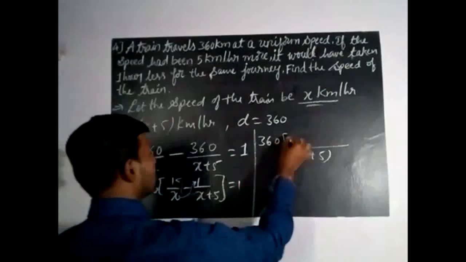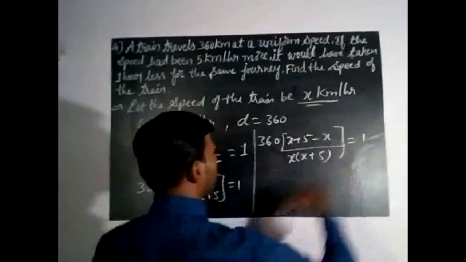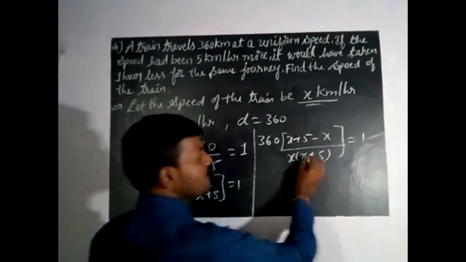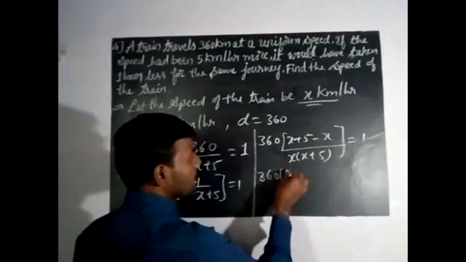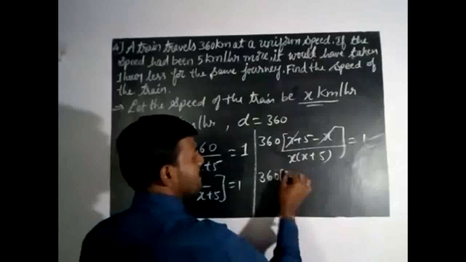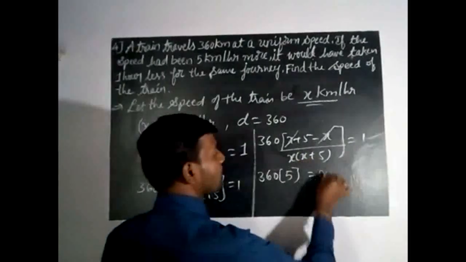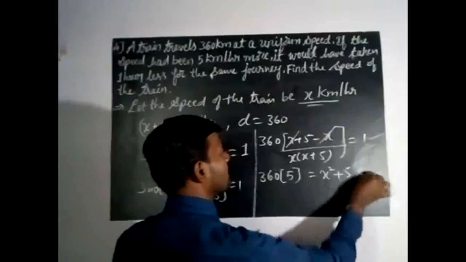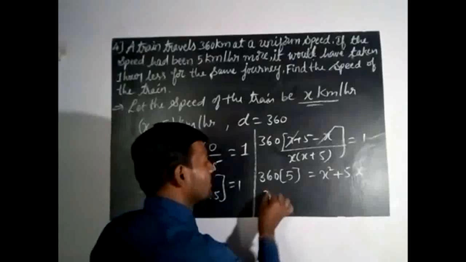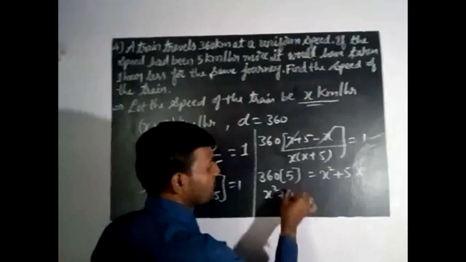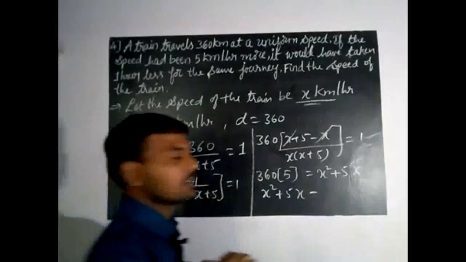What we have is x plus 5 minus x, equal to 1. This LCM is multiplied to the right side, and we get 360 into x plus 5 minus x, where the x cancels. What is left? 5, which is equal to x square plus 5x. Now simplify it again. X square plus 5x, and this comes to the right side. It becomes how much?